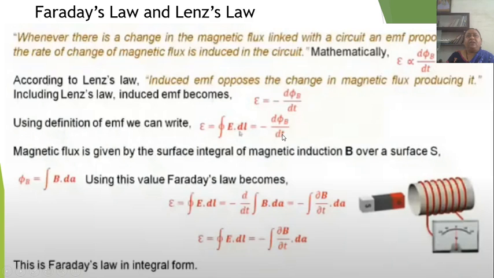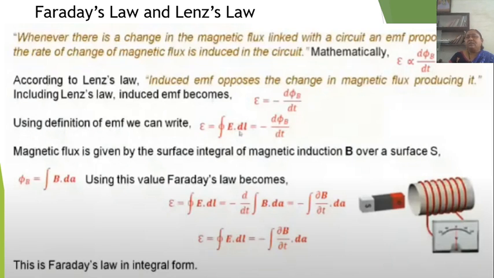Now see in the figure. Here, this is the magnet, this is the coil, and this magnet is moving with its own magnetic field, so the coil is immersed in the magnetic field, and when we move the magnet, then what happens?